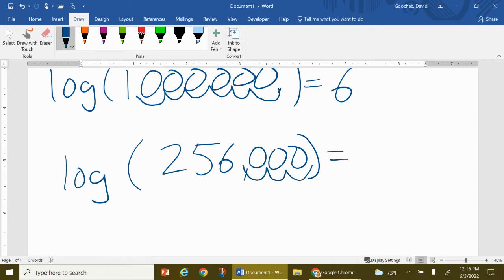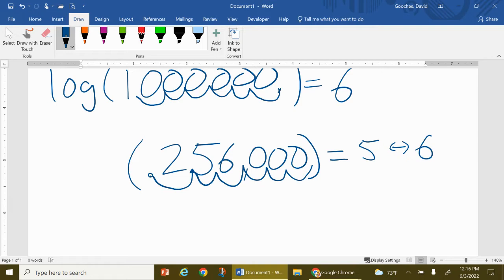If you bounce it 5 times, you have 2.56, which is more than 1. If you bounce it 6 times, you have 0.256, which is less than 1. So the log of this value is some number between 5 and 6.